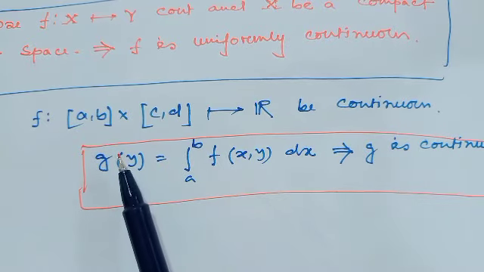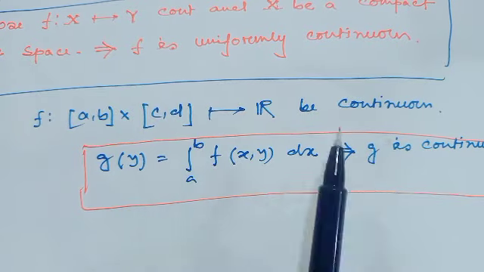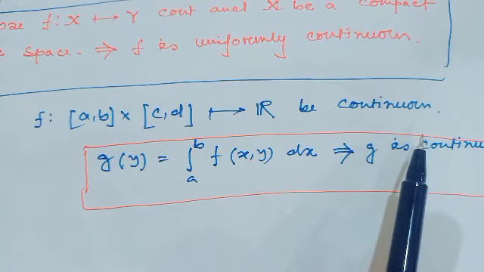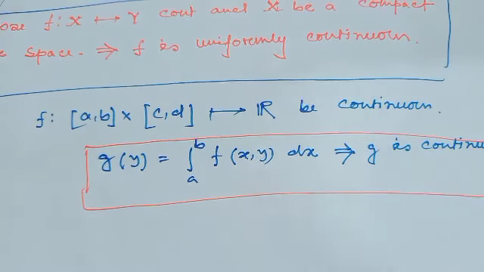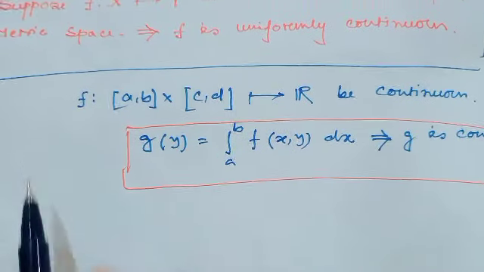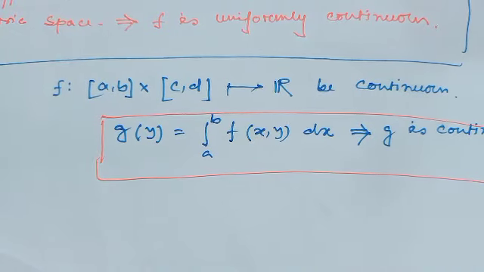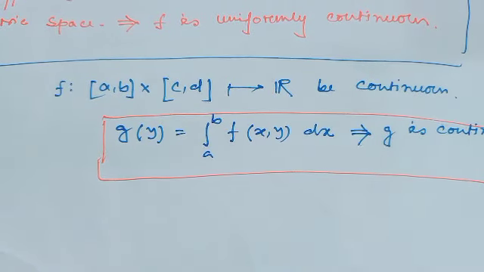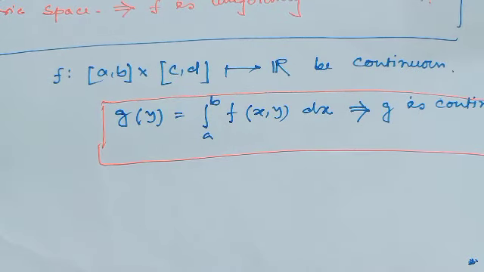Here, since f is defined on a compact metric space and given the function is continuous, that implies obviously the function f is uniformly continuous. By this theorem we can tell this. But here g is a new function. We have to prove this integration operator is a continuous function.